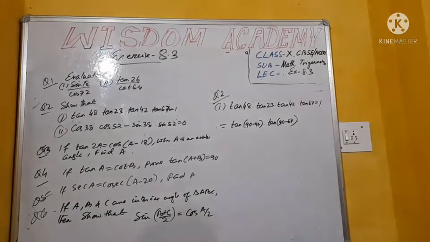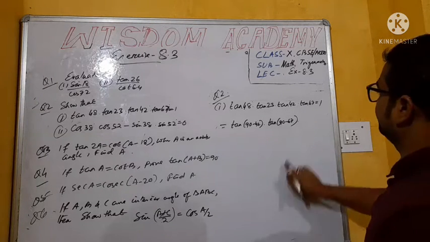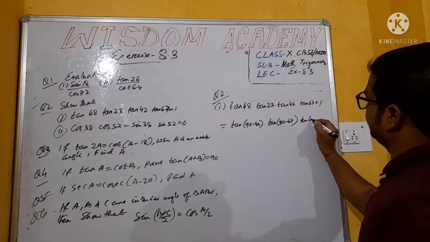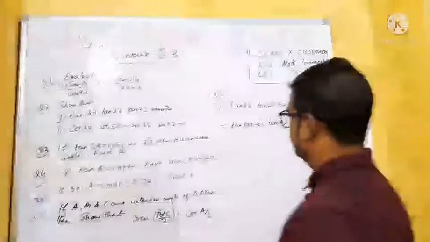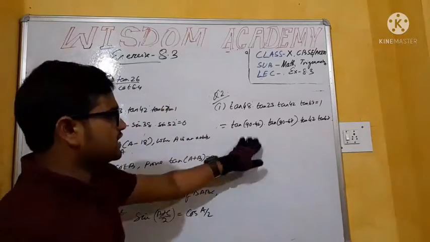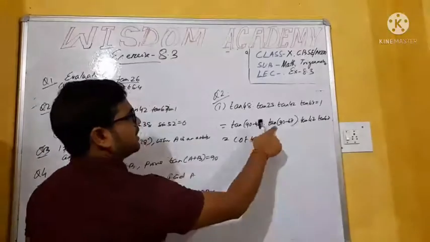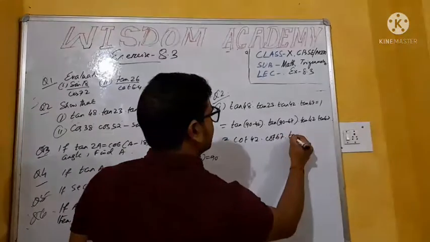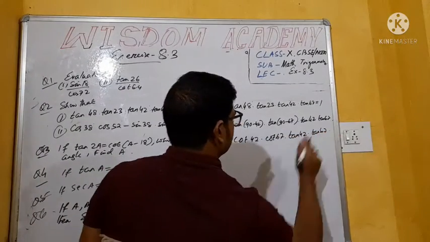Next, tan 42 and tan 67 remain the same. We can write tan 42 into tan 67. Now students, tan 90 minus theta is cot theta. That is cot 42 into cot 67 into tan 42 into tan 67.